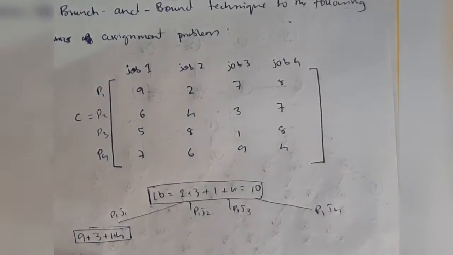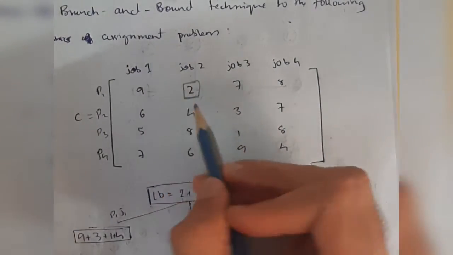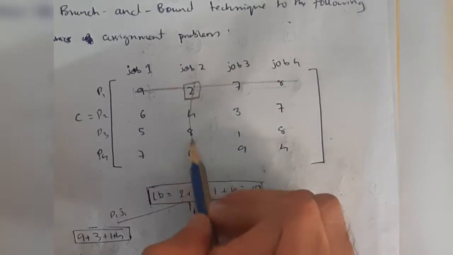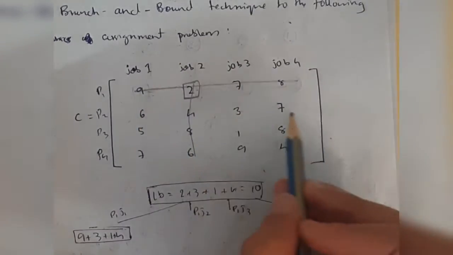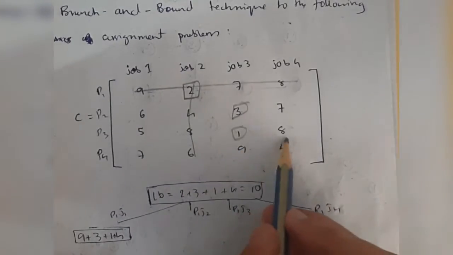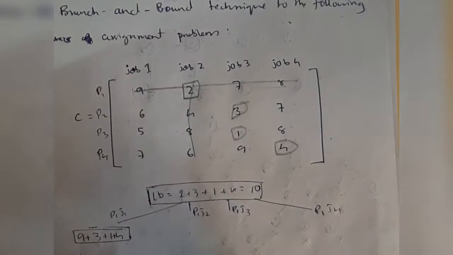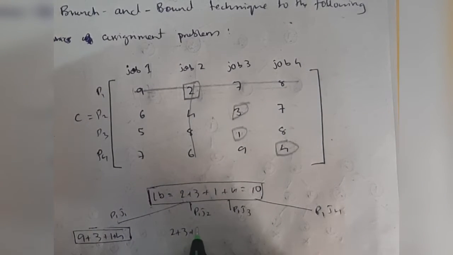In the second option, we are selecting job 2 for person 1. Then cut out the row and the column. Then select the minimum: 6, 3, or 7, 3, 5, 1, or 8, 1, 7, 9, or 4, 4. Right here, 2 plus 3 plus 1 plus 4.